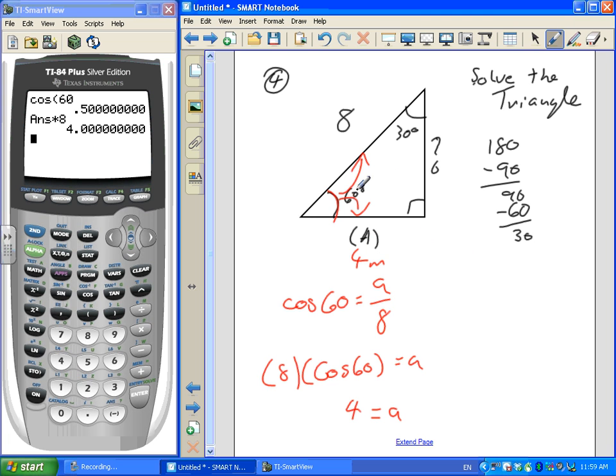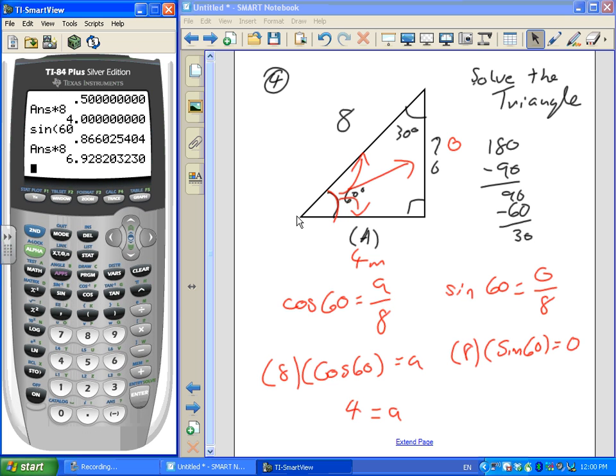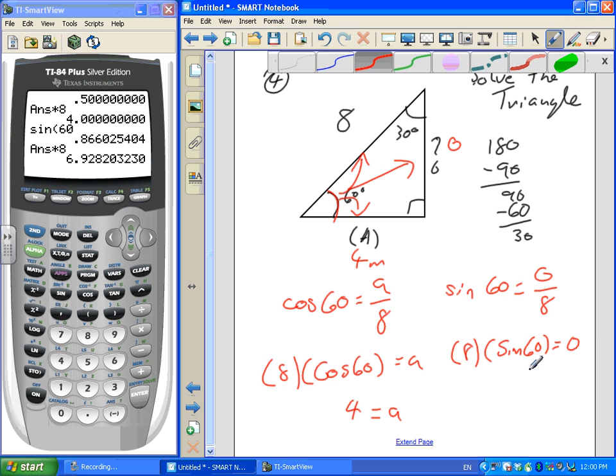And we use the exact same angle, but this time we're looking at an opposite side. So I'd be using sine 60 is equal to opposite over the hypotenuse, which is 8. I bring the 8 over, and we use the same idea, sine 60 times 8, 6.9.